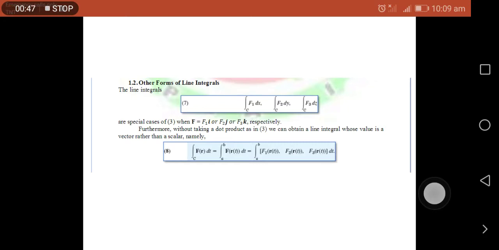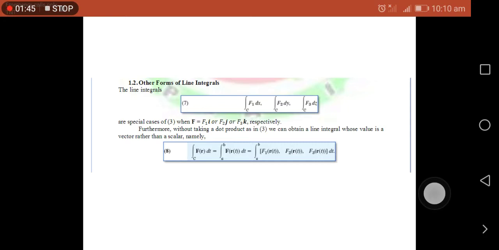So now, continuing our discussion, recall from our previous discussion that a line integral, or an integral that is being integrated with respect to some path, is actually related to the integral we are familiar with from our previous mathematics, which is the definite integral. The only difference is that the definite integral we are familiar with is integrated on the x-axis only.